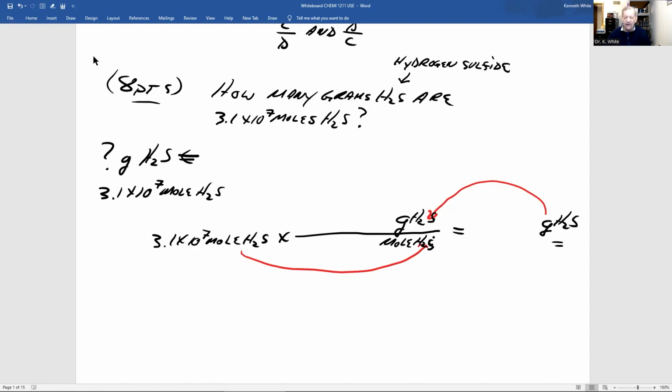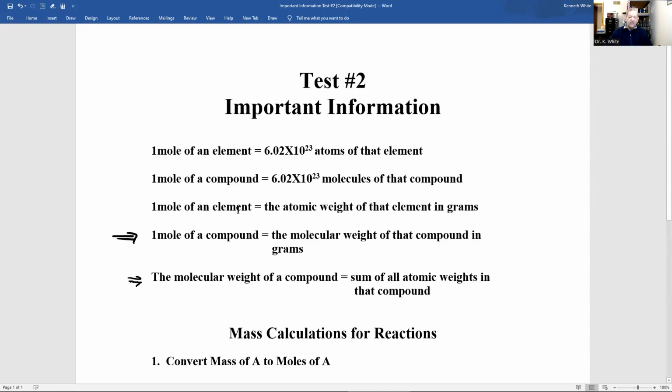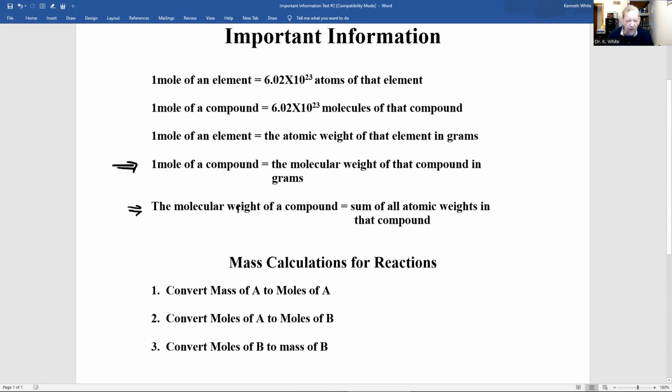And where do we find a relationship between grams of a molecule and moles of a molecule? Important information, test number 2. 1 mole of a compound equals the molecular weight of that compound.